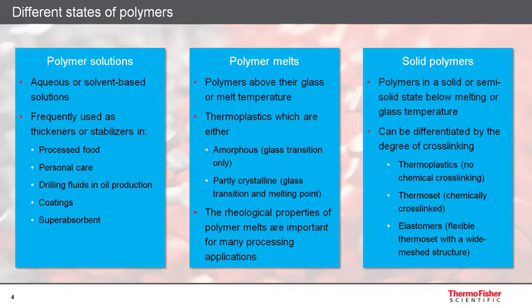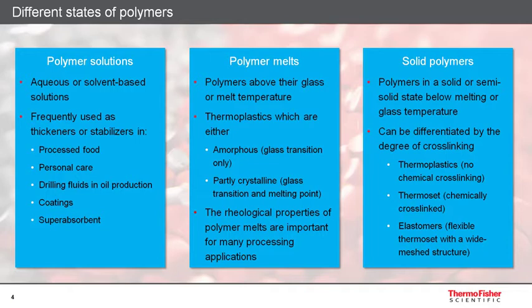Partly crystalline thermoplastic materials go into a so-called rubber elastic state when the glass transition temperature is reached. Above the melting temperature, they form a high viscous liquid melt. The rheological properties of polymer melts are important for many processing applications.